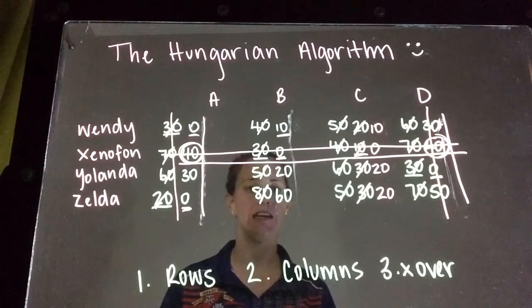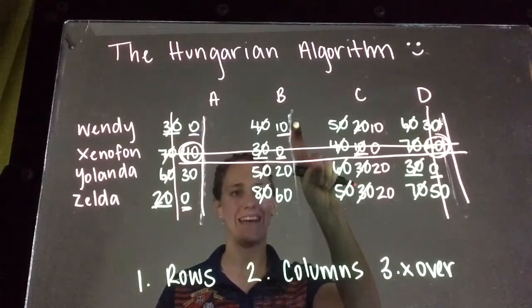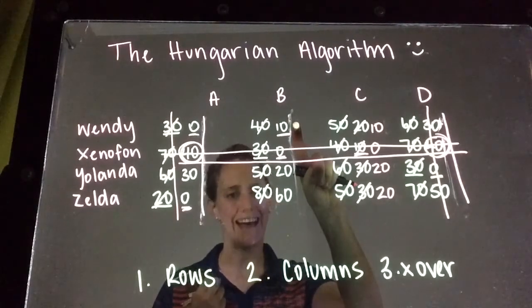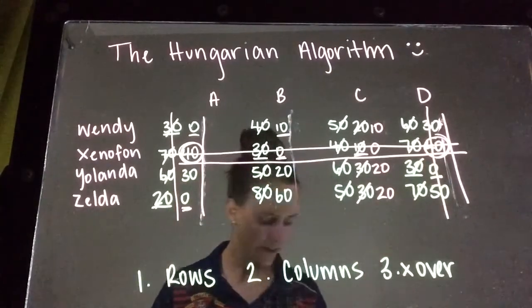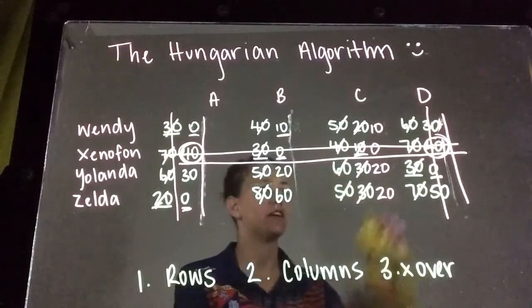Identify the smallest uncovered value, that is the number 10. And I'm going to add it to where the crossover value is. So these 2 40s are going to turn into 50.